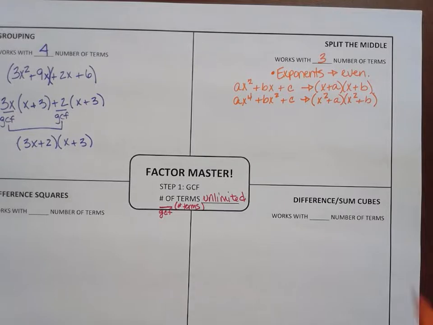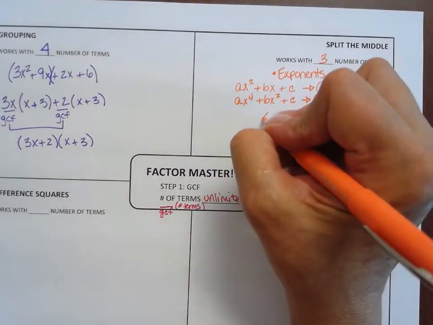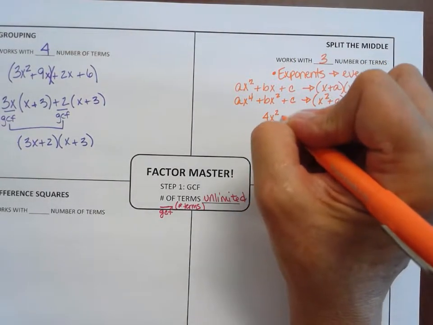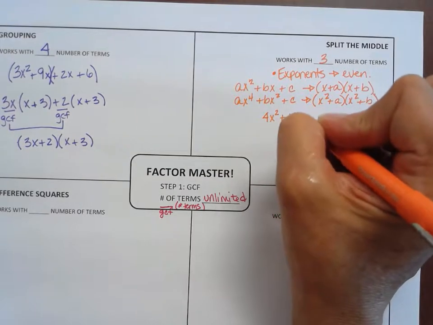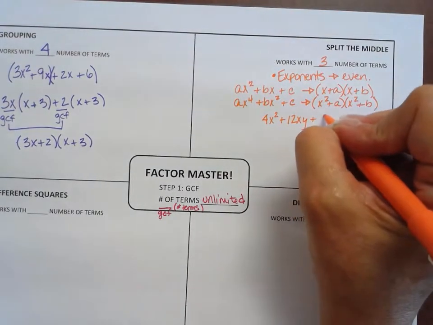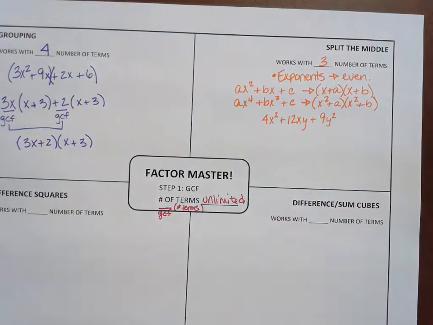Okay. So let's say we have 4x squared plus 12xy plus 9y squared. What's the first step? How do I split the middle, though?